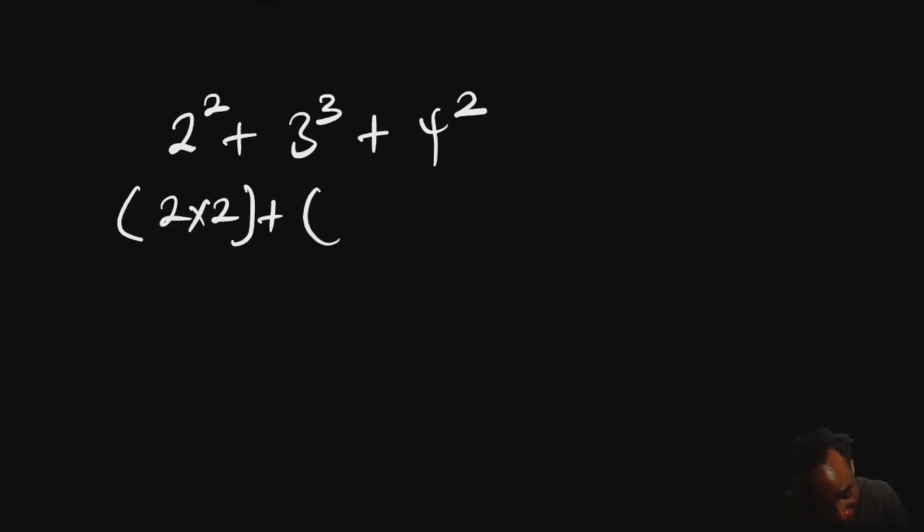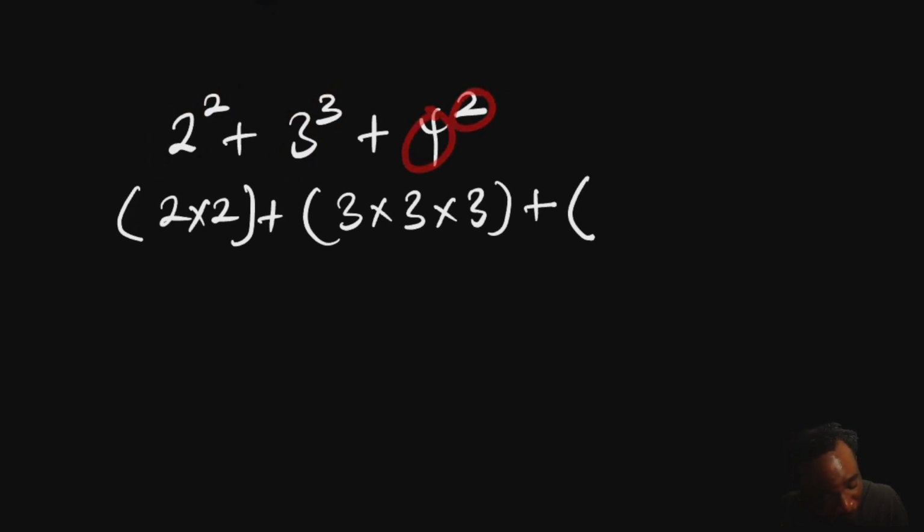And we know that 3 raised to the power 3 means that 3 is multiplying itself 3 times, so we have 3 times 3 times 3, plus 4 raised to the power 2, or 4 as a base with an index of 2, which means 4 times 4.